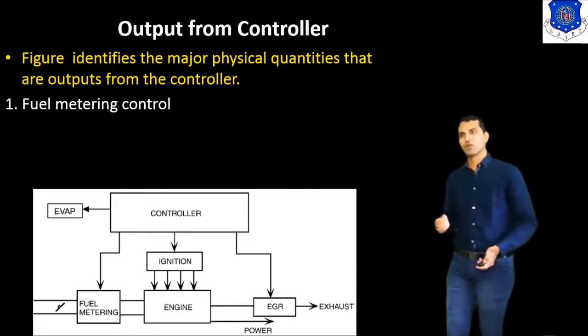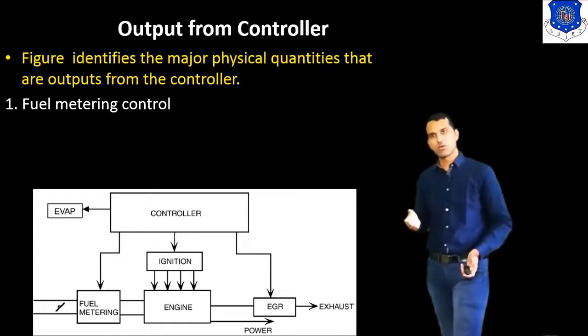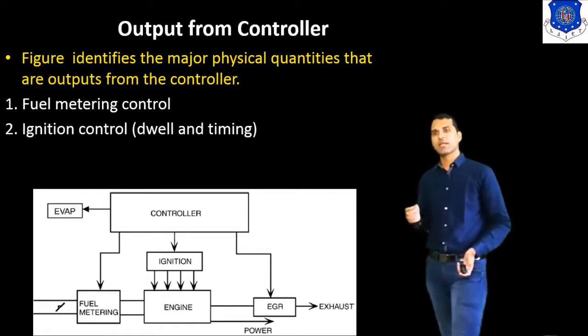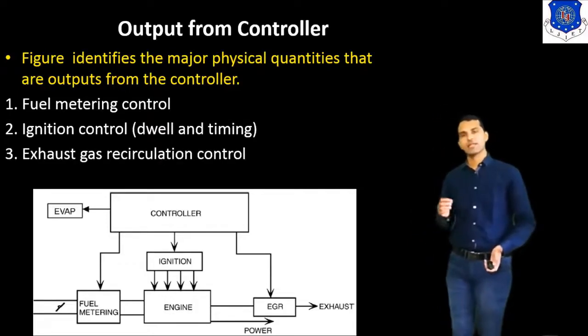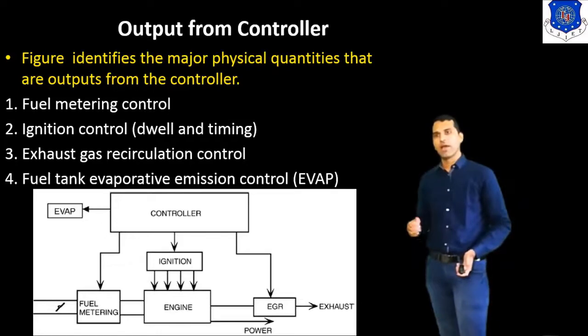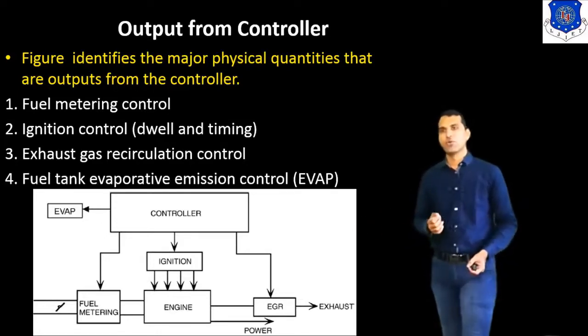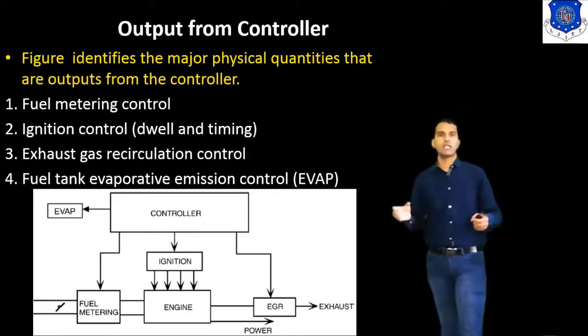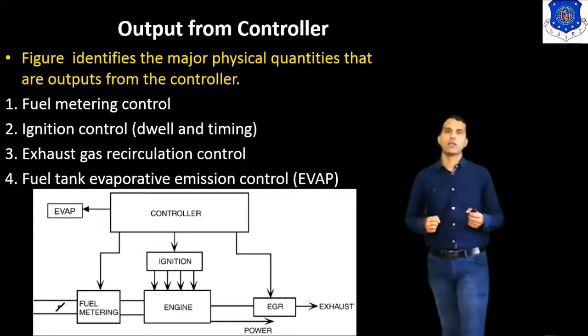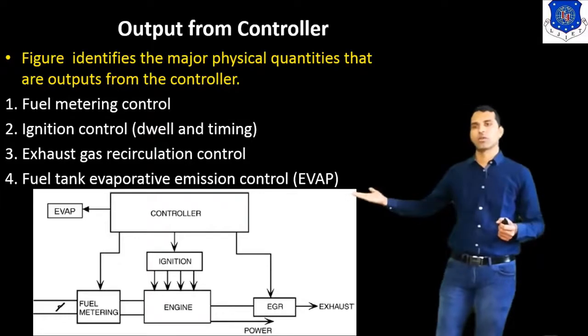The first one is the fuel metering control. The second one is the ignition control. The third one is the exhaust gas recirculation control. And the fourth one is the fuel tank evaporative emission control. These are the different controls that are done by using this controller.